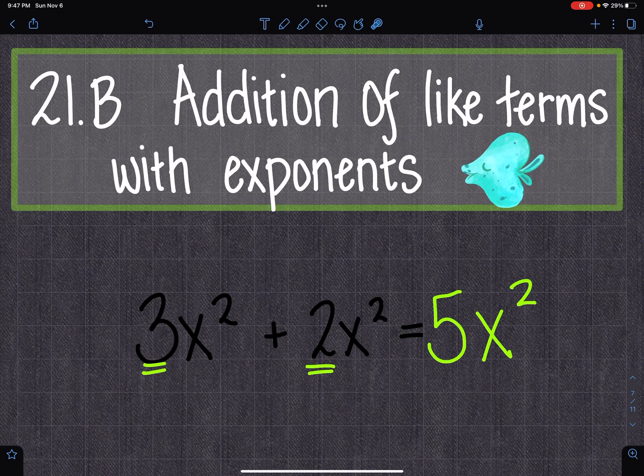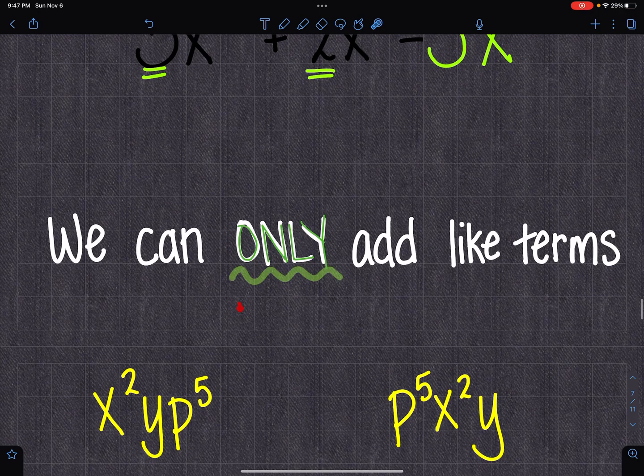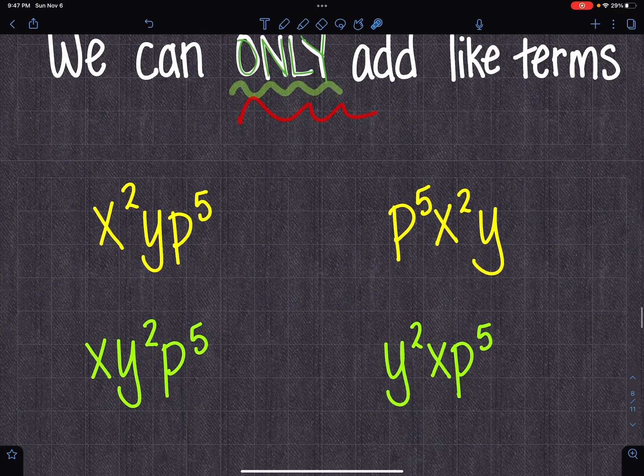When we add, we can only add like terms. So for example, this is one term, and this is also one term, but take a close look at the letters. Remember how we said when you get the answers, it doesn't have to look exactly the same and it can still be correct? These are actually like terms, this one and this one.